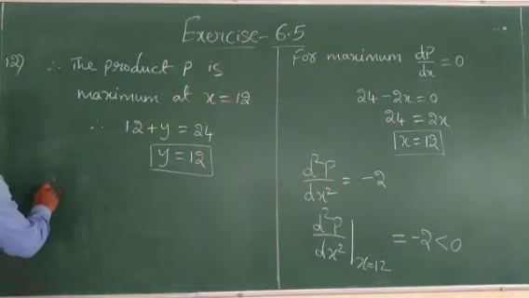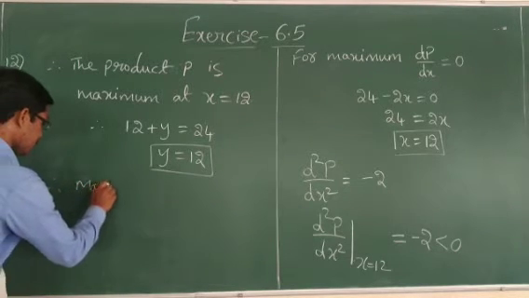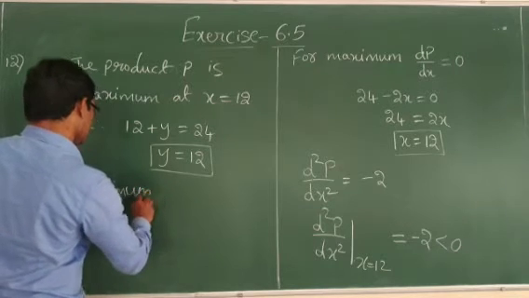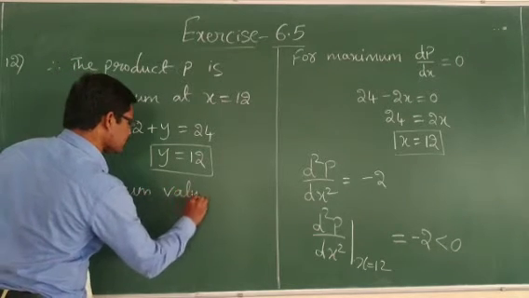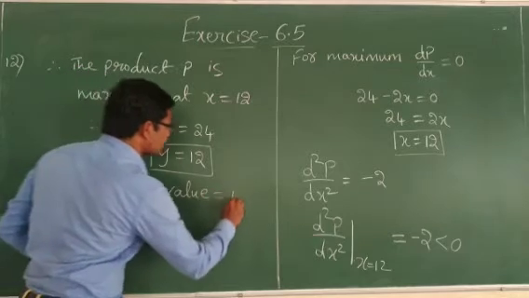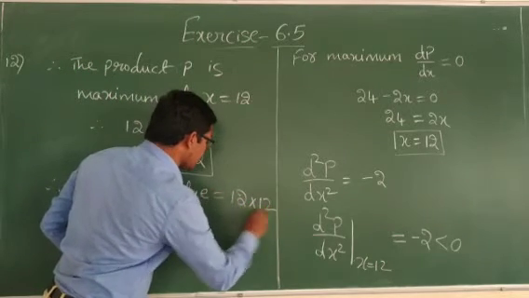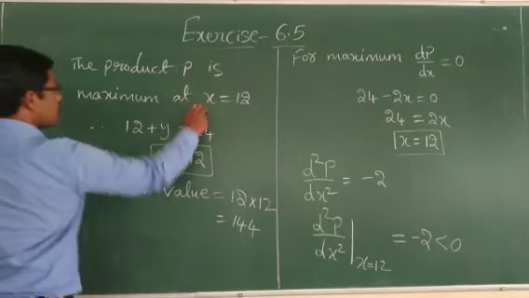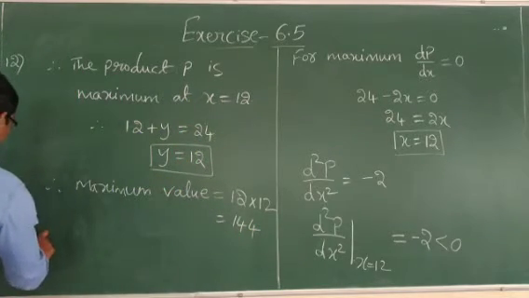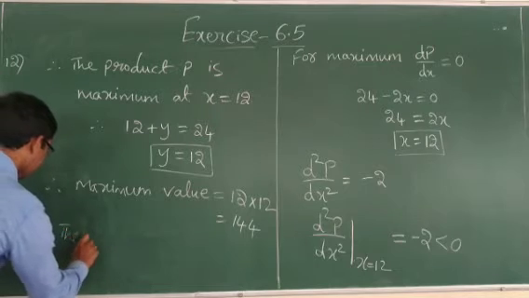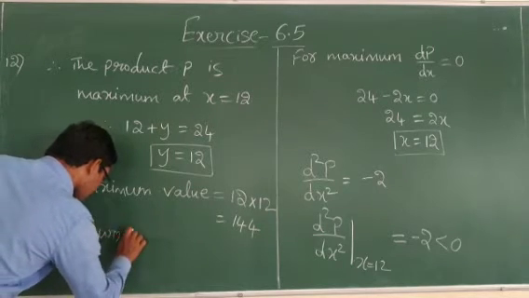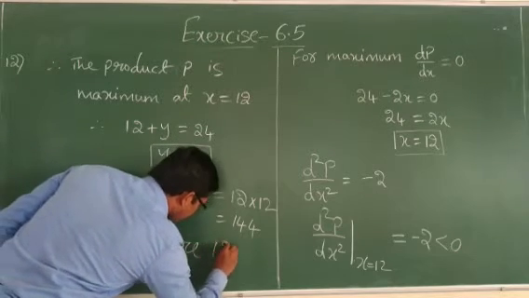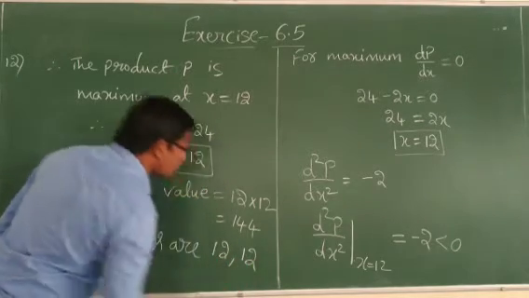And if you want the maximum value, it is equal to 12 into 12, which is equal to 144. But he is asking only these two numbers. Therefore, the two numbers are 12, 12.